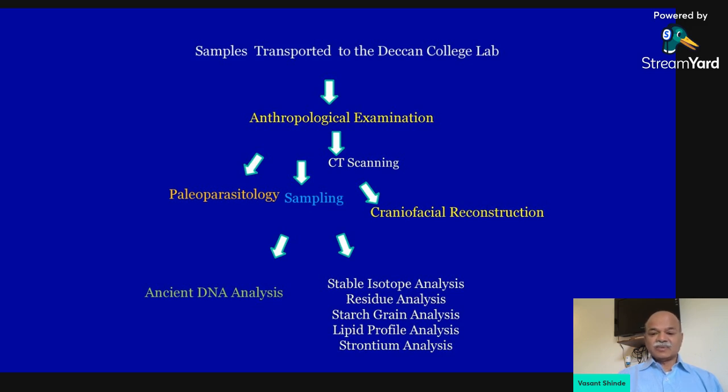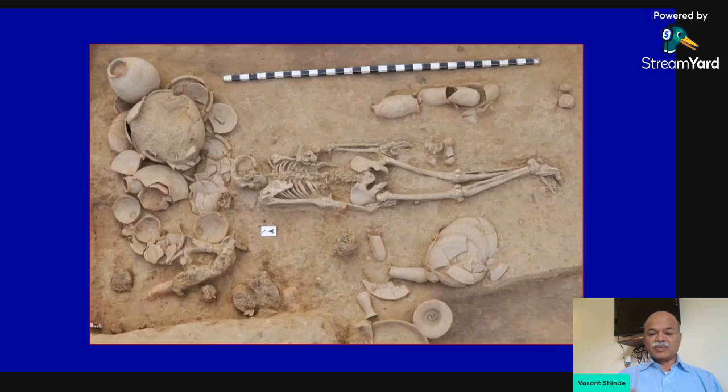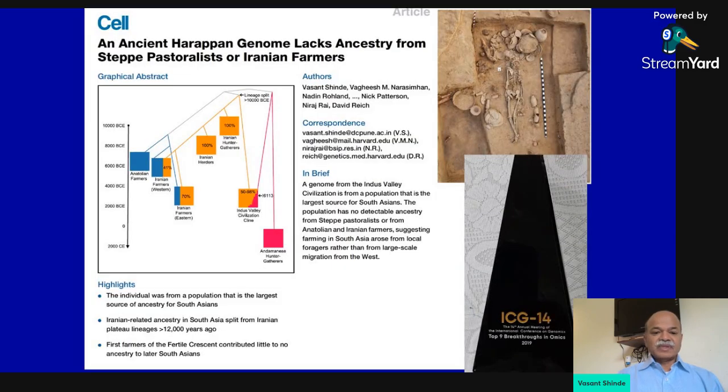Because of this approach, we were able to get so much information from the ancient skeletal remains. This is very important. This is the skeletal remain that has provided us the ancient DNA of the Harappans, and this sample is very important because we were able to identify the genetic history of the South Asians, and also its implication on Indian history, which I'm not going to speak about today.